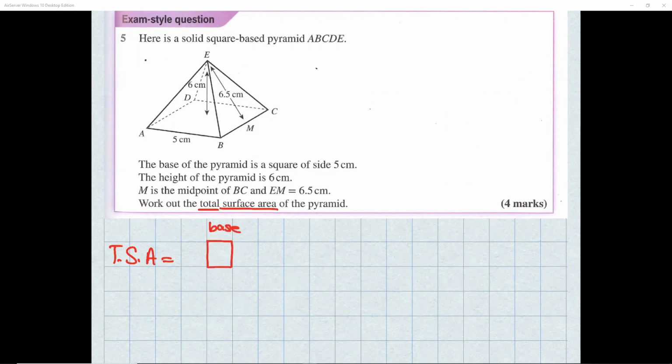What's the dimension of the base? 5 centimeter, 5 by 5. So you're going to have that area to work out. And then you're going to have what? 4 triangles. Now you're talking maths. You're going to have 4 triangles. Fantastic. Okay, 4 triangles, and give me a second. Let me see if I can do this one again, but get all nice straight lines.